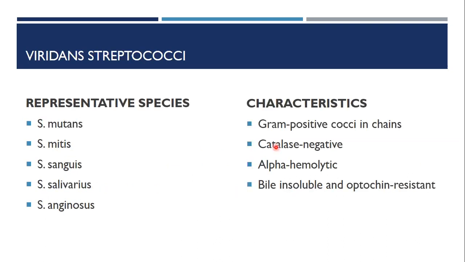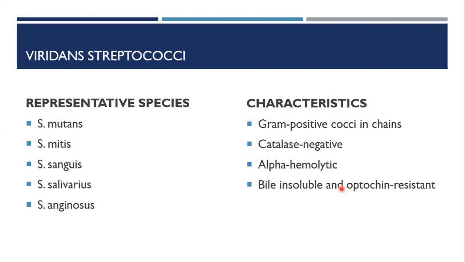Then lastly, we have your Viridans streptococci. These are the representative microorganisms. These are usually inhabitants. They inhabit the mouth, the oropharynx, and they are usually gram-positive cocci in chains, catalase negative, and alpha hemolytic.